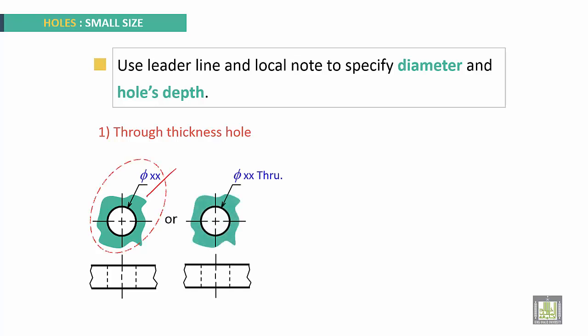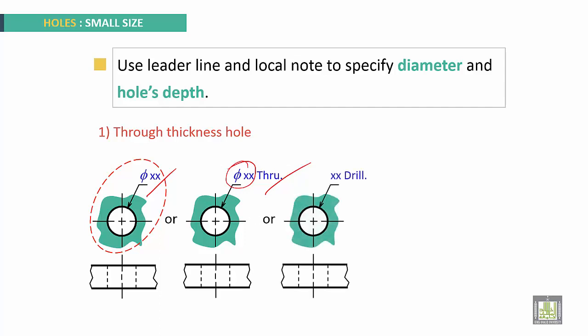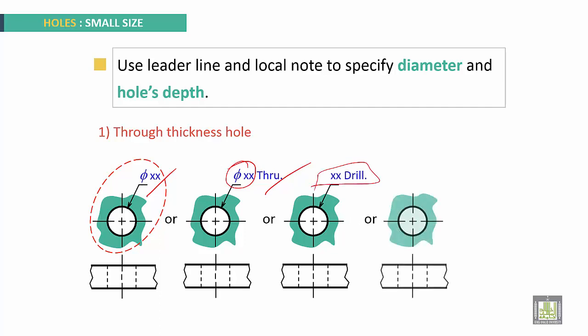We give the diameter and we put through. Or another method, xx drill, for example, 15 millimeters drill. Other method, xx drill to specify the diameter and put here through.